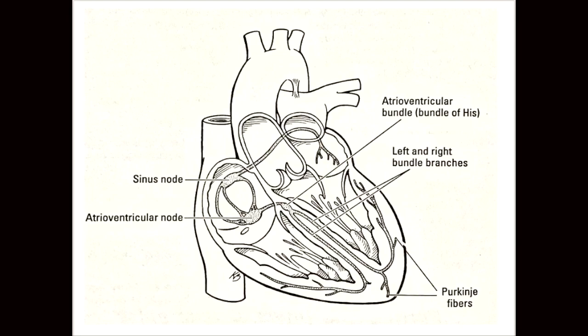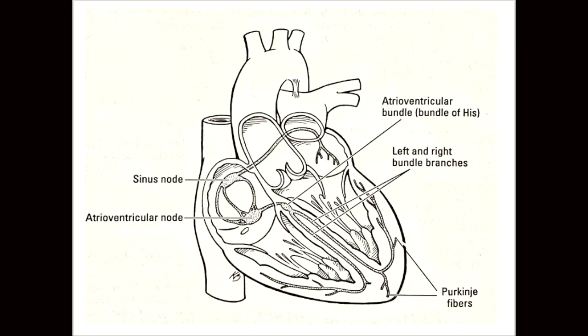Well, so I hope that I have made the conduction system of the heart clear. Because of this, the conducting system of the heart possesses the property of autorhythmicity, which means it generates its own electrical impulses and beats independently of nervous or hormonal control.